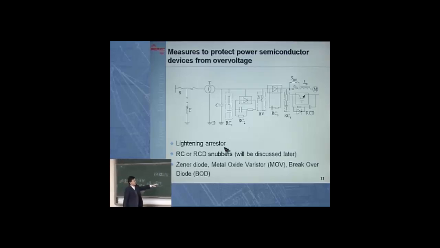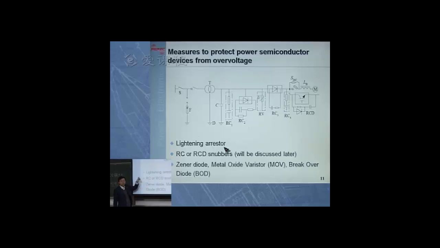Okay, we can use a capacitor with a resistor, because we know a capacitor is usually used to absorb overvoltage energy. Because a capacitor tends to maintain the voltage across it constant. So you can use RC or RCD.